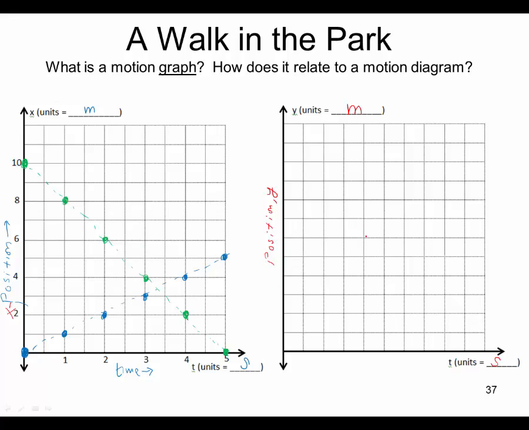And on the bottom scale, we have, of course, time. So here we are with our time axis moving to the right, and our position, larger values upward.